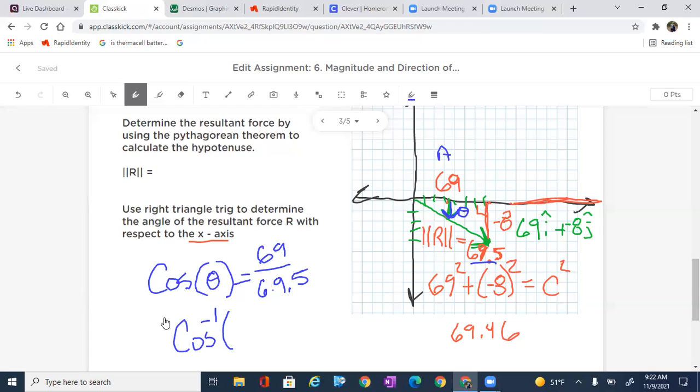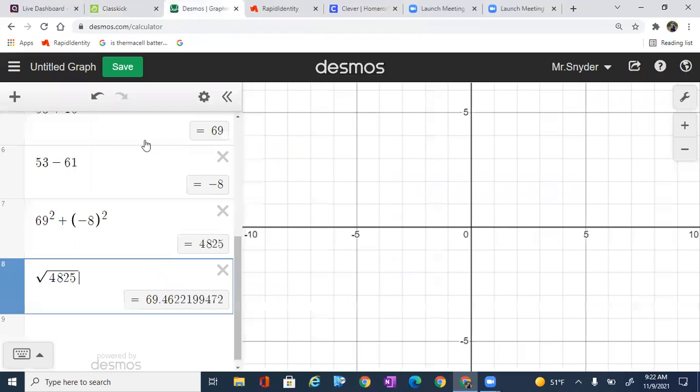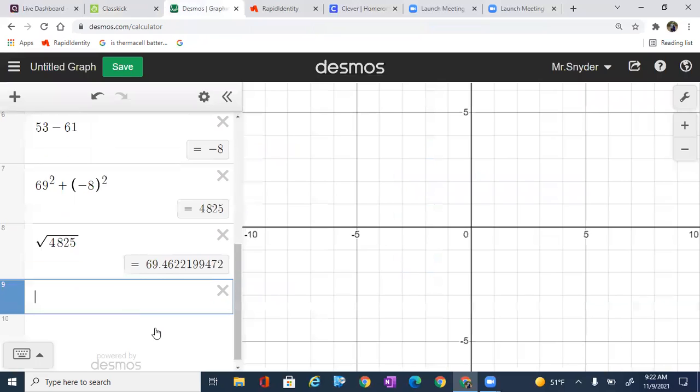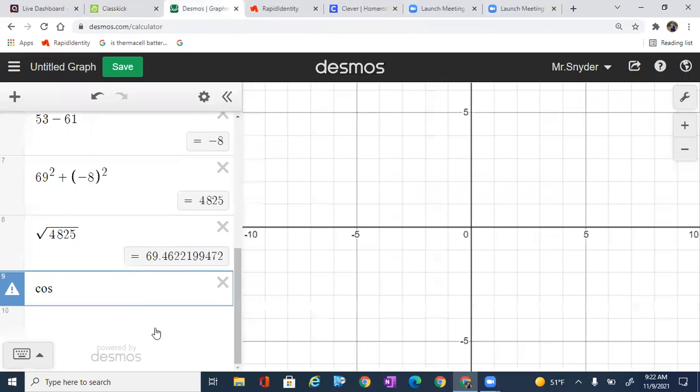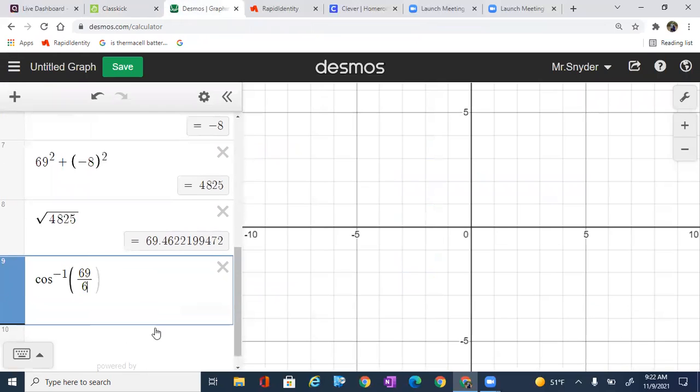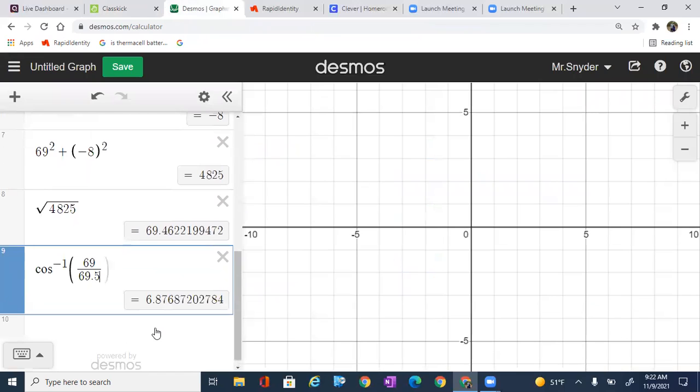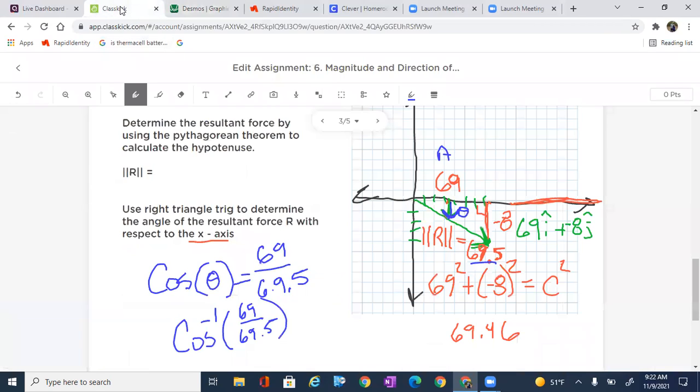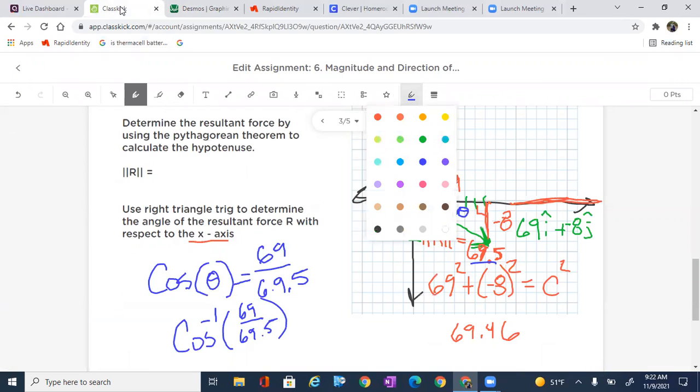So 69 over 69.5. And go back into Desmos, type it in. And it is 6.87, or 6.9 degrees. So we're just going to come over here and say, okay, well, it is 6.9 degrees.